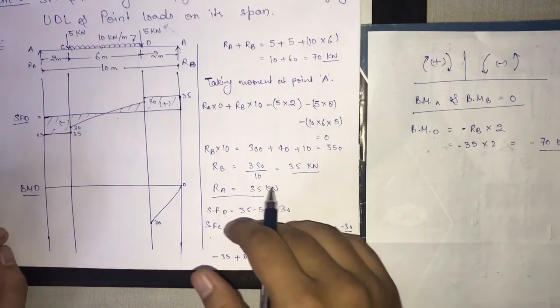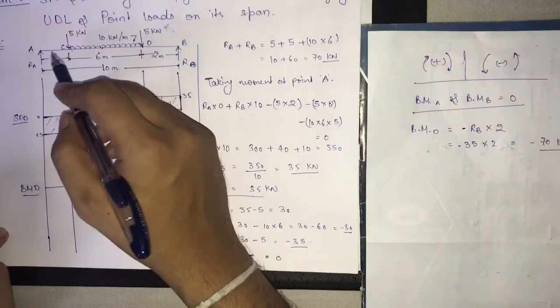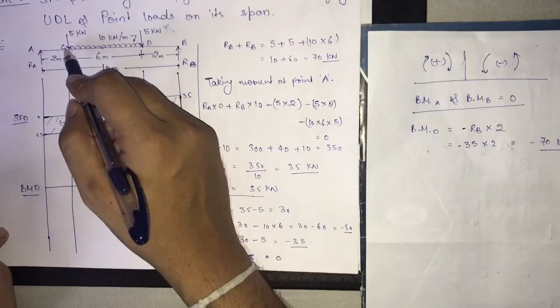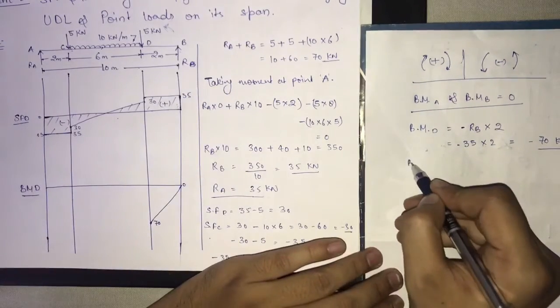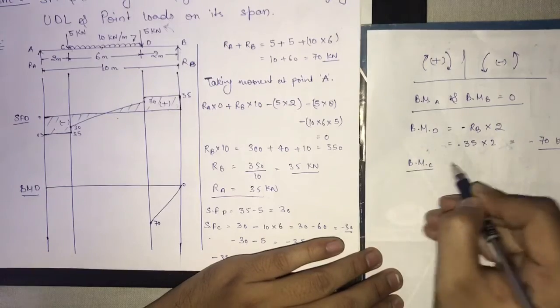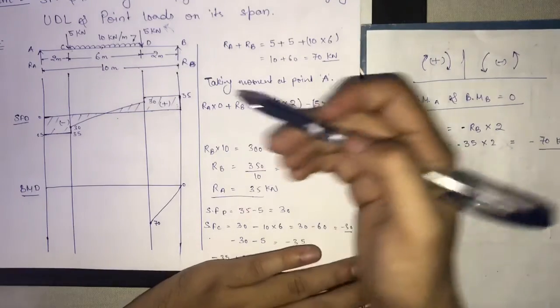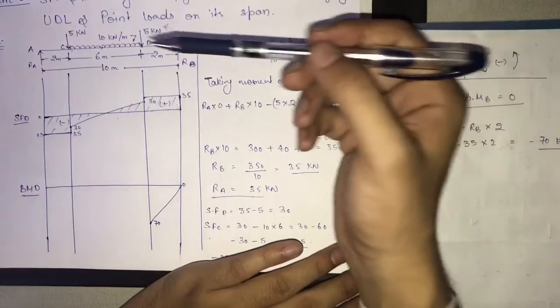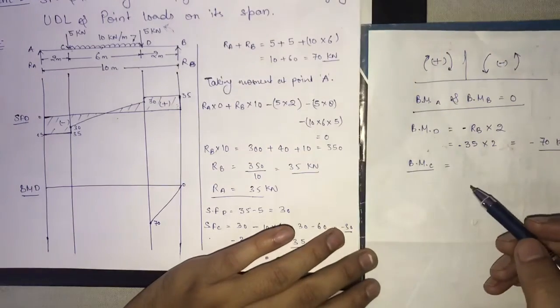Now let's take the value of bending moment at point C. We are also going from left to right.